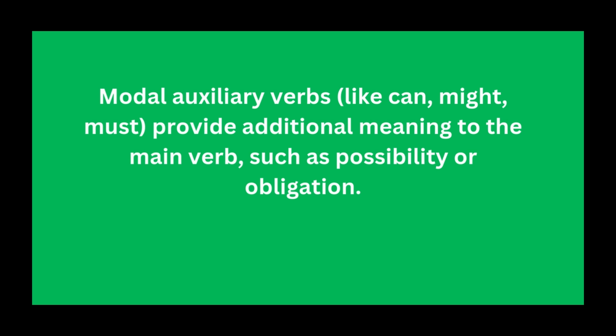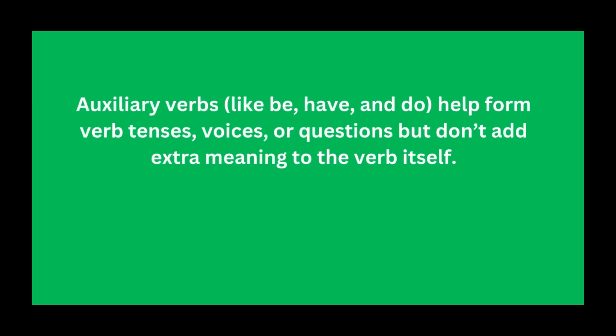Modal auxiliary verbs like can, might, and must provide additional meaning to the main verb such as possibility or obligation. Auxiliary verbs like be, have, and do help form verb tense, voices, or questions, but don't add extra meaning to the verb itself.